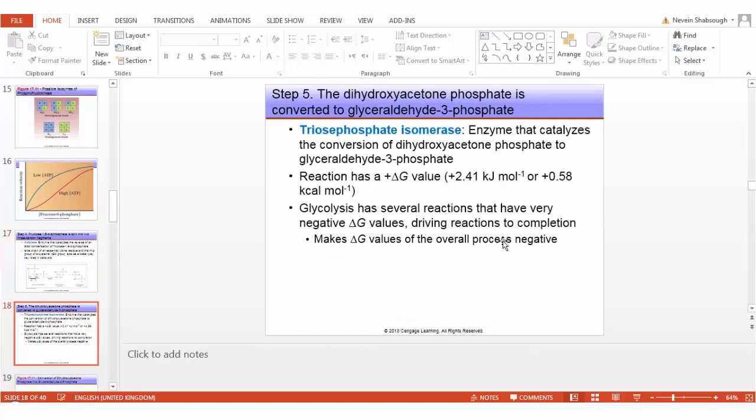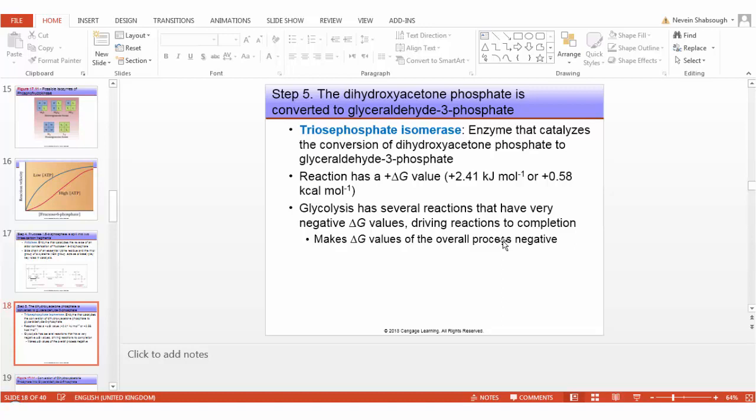Now reaction number 5: dihydroxyacetone phosphate is converted to glyceraldehyde phosphate by the enzyme called triose phosphate isomerase. Delta G for this reaction under physiological conditions is slightly positive, as you can see, plus 2.4 kilojoules per mole.